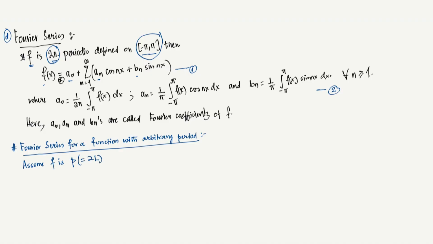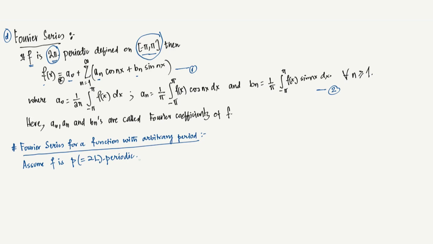Of course p is a positive number, and we assume it to be 2 times L, where L is of course positive. So basically it is given to be periodic, which we are going to write as 2L periodic.